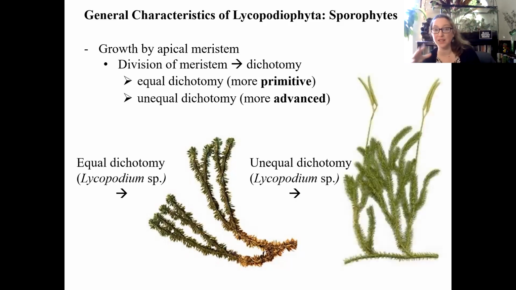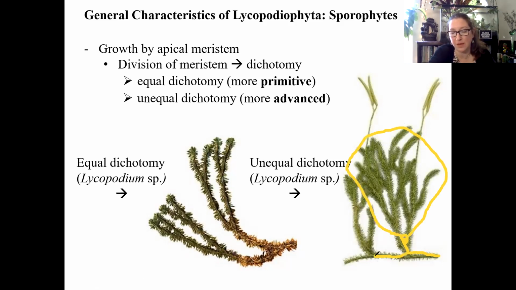However, later plants have a more advanced, or more modern, state, which is unequal dichotomy. Down here, for example, grow, split, and this split goes on to become this whole thing, whereas this split just keeps going straight for a while.